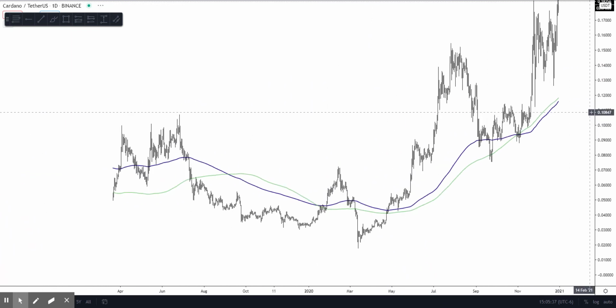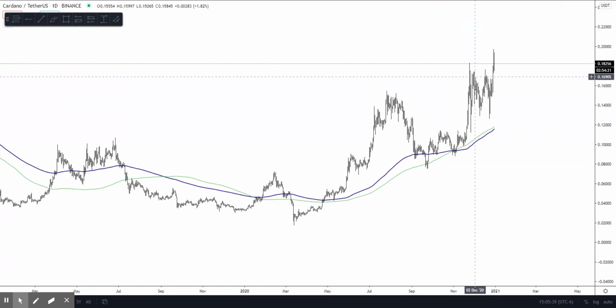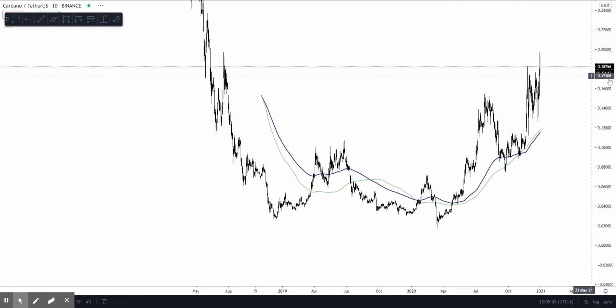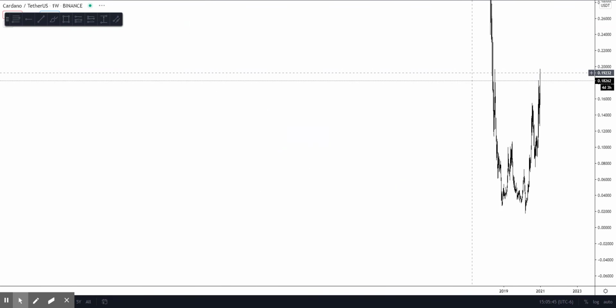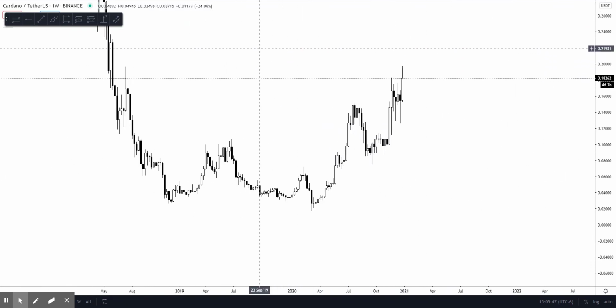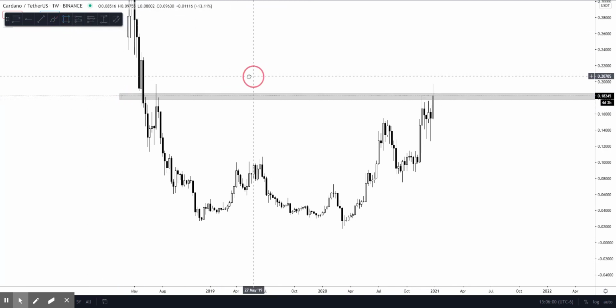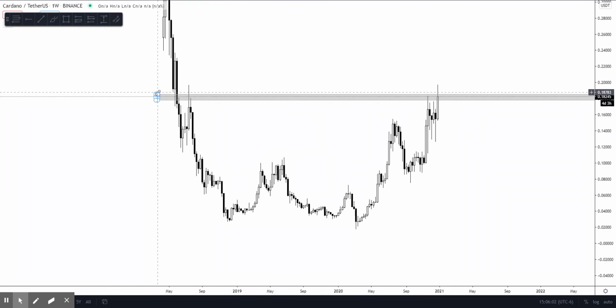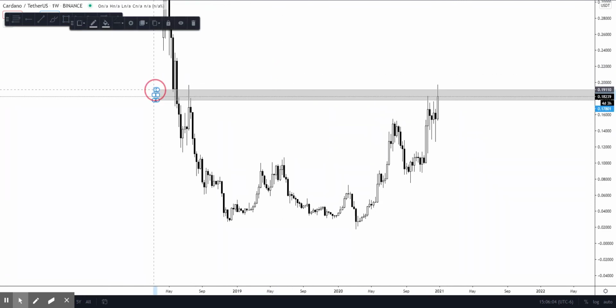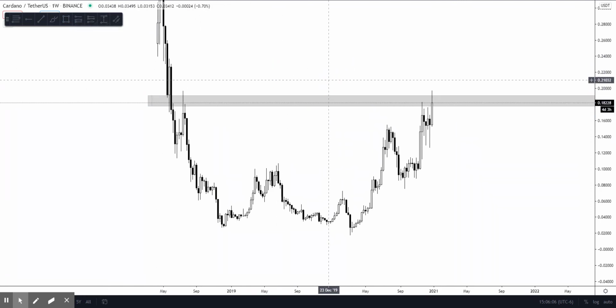High time frames, bullish. Higher highs, higher lows on your daily time frame. Before I start rambling, let's see if there are any weekly zones that we need to be worried about. So it does look like this is weekly supply to some degree. Can maybe even extend it. That's pretty big and bulky.